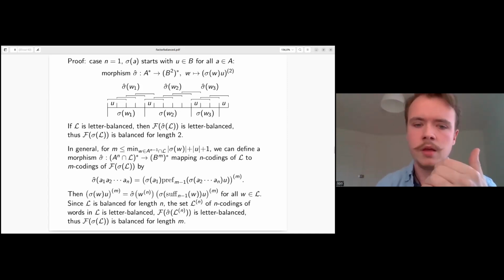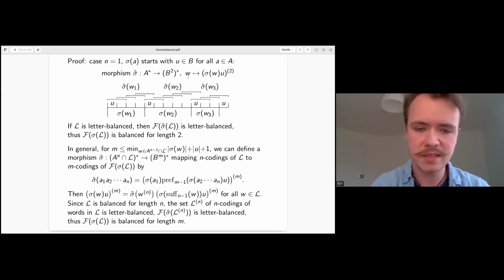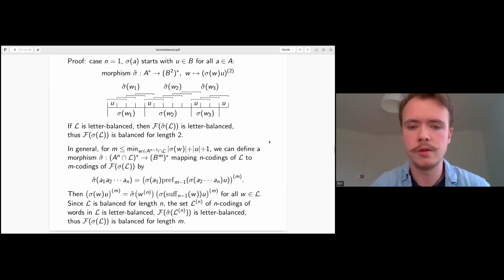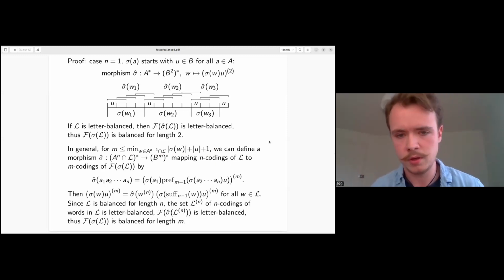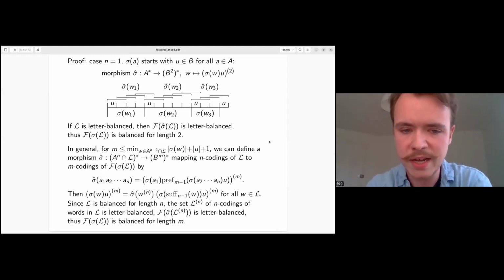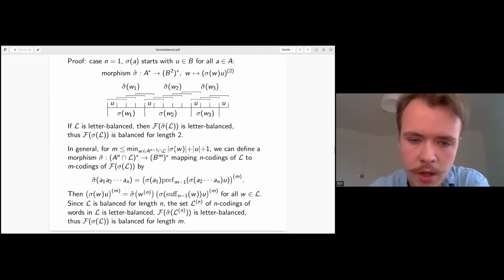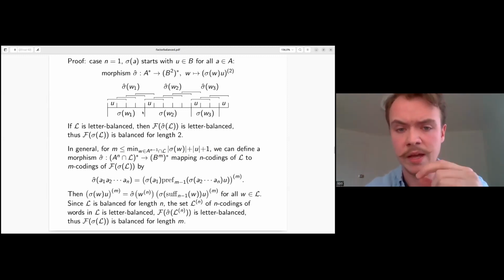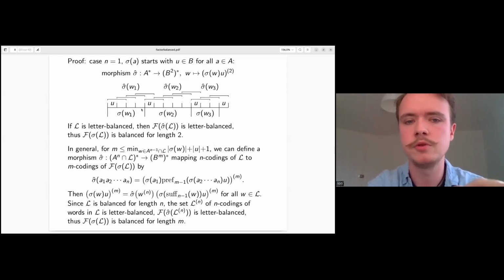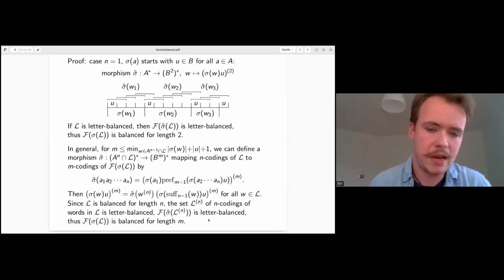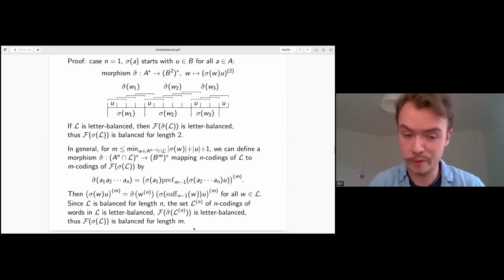And so more generally, this property can be expressed by this constant, which really means that you require M. So M is to remind you, M is the bound at which at most it is balanced for length M. And so if you take M to be smaller than this minimum, which really means to have at least n minus 1 letters on that chunk, then in the length of U, which kind of allows you to overlap on the next, you will have, in the same way, this sigma hat generalized to the length M defined as a proper morphism upon letters.